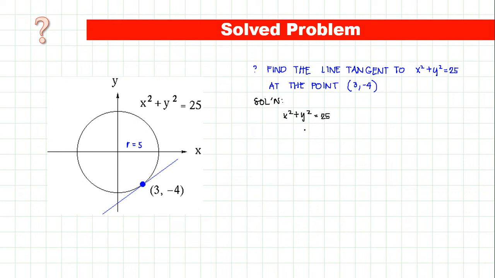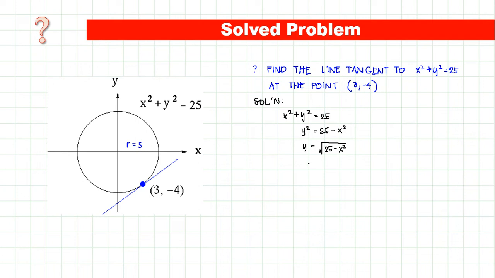Then we isolate y, so y squared is equal to 25 minus x squared. Then y is equal to the square root of 25 minus x squared.